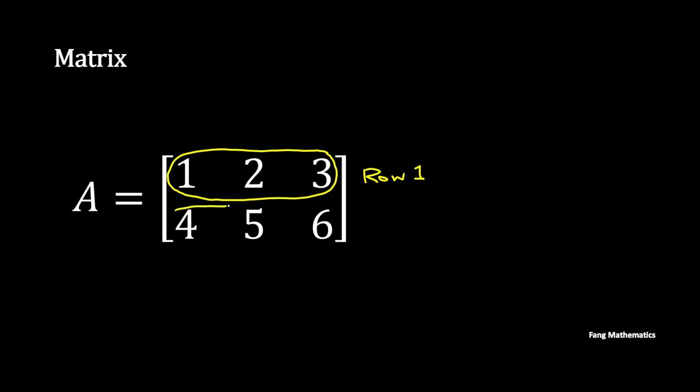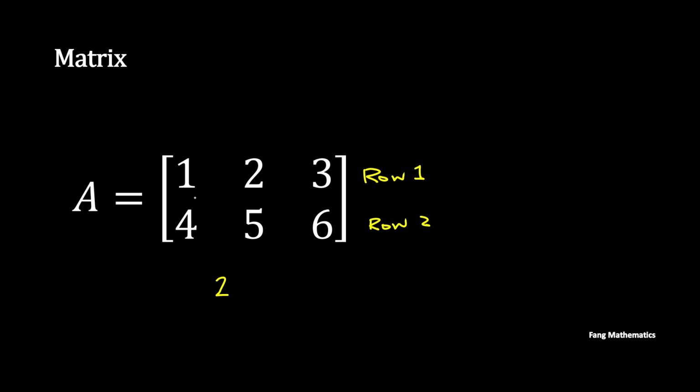And this is your row 2. So I believe you have 2 rows altogether in this matrix, and we have the first number representing the number of rows we have in this matrix.